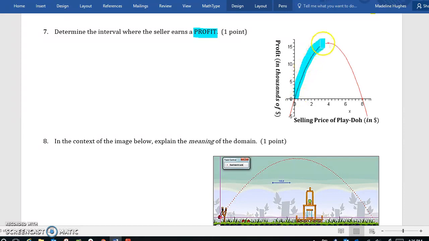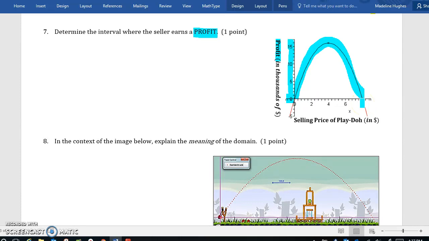So anything from here all the way up here is our profit. That's where I'm going to be making money. It's positive. So where is that happening? That's happening anytime the Play-Doh is $0 through $8.